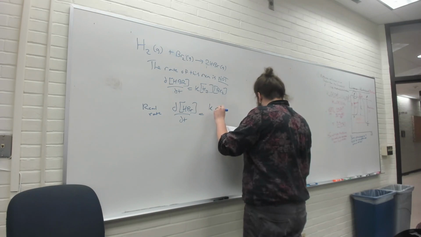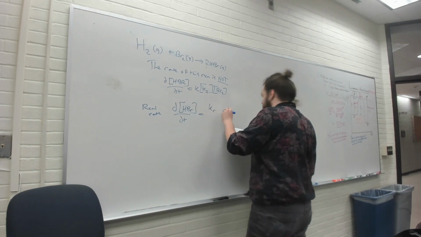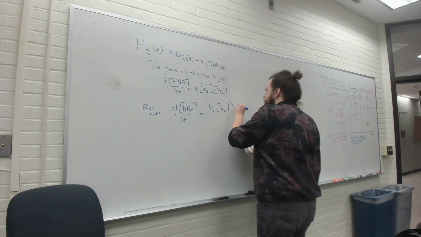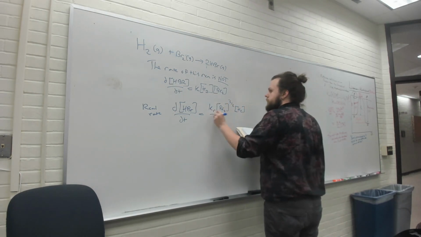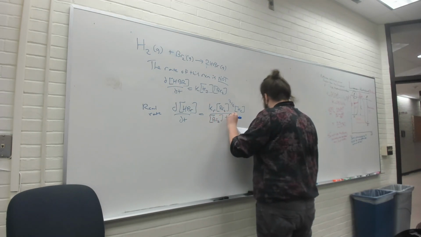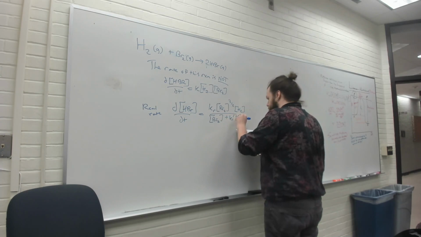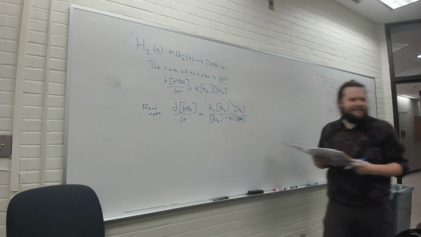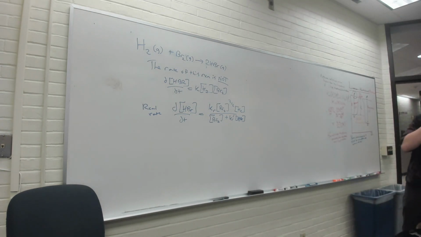There's one rate called the forward rate that's proportional to Br2 to the 3/2 power times H2 divided by the concentration of Br2, plus a reverse rate with HBr. Very different, right?